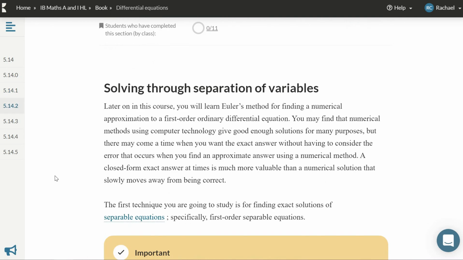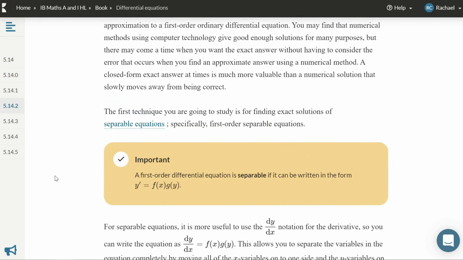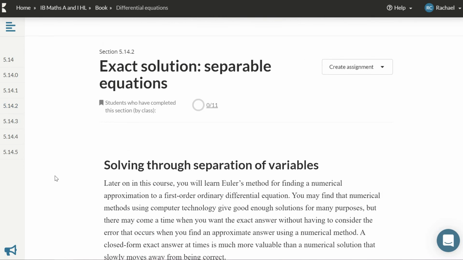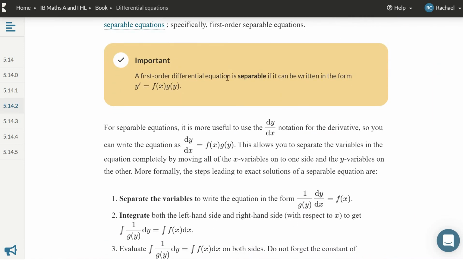Okay, so now we'll be delving into separable equations. A first order differential equation is separable if it can be written in the form of y prime equals f of x times g of y. So if you can write a function as a product of x and y, then it is considered separable.